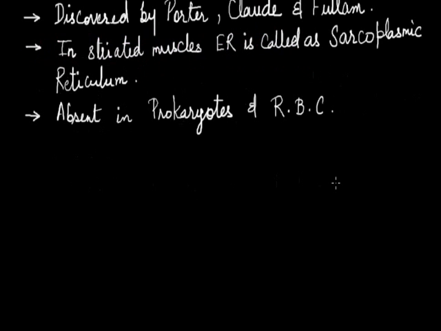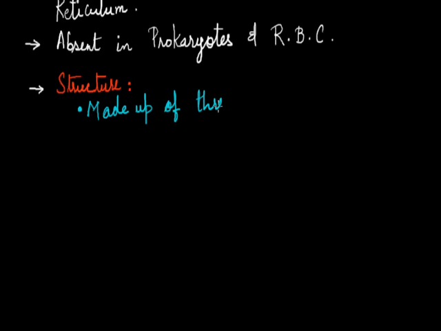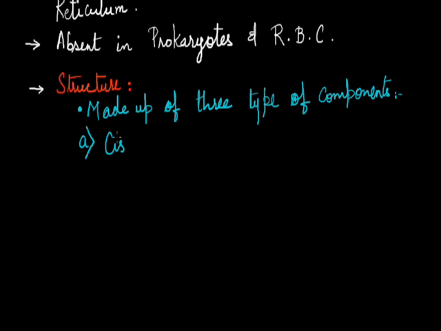Now coming to the structure of endoplasmic reticulum. Structurally, ER is composed of three types of components. These are known as cisternae.